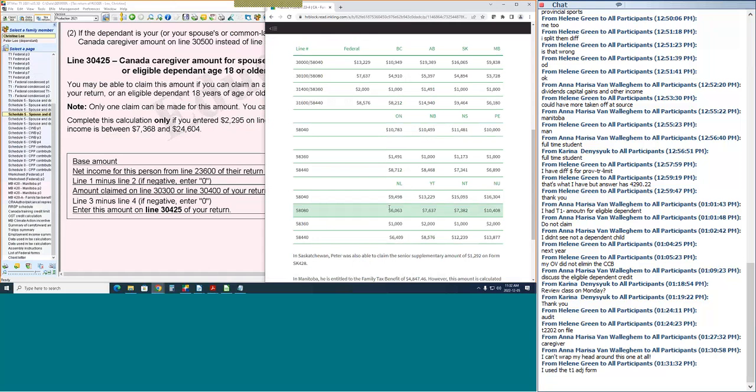So the way that it worked was they have told you the basic personal amount, they have told you the age amount, they've told you the pension income amount, and the disability amount. And what you're going to do to find out what he can transfer is you're going to take those and subtract them from his income and see what's left over.